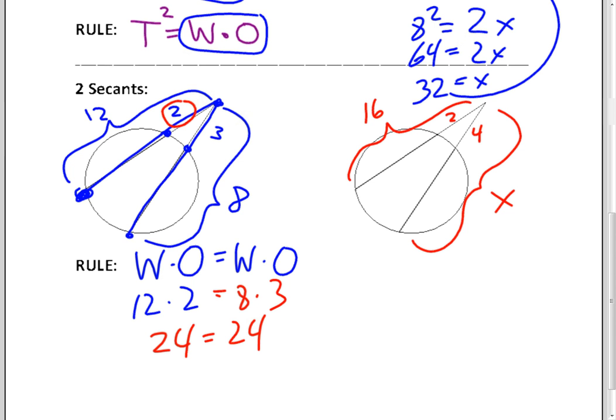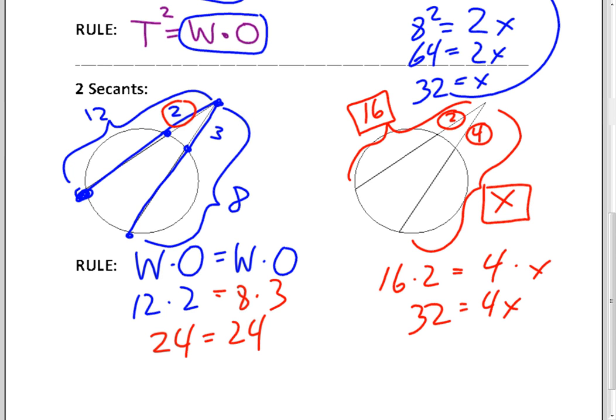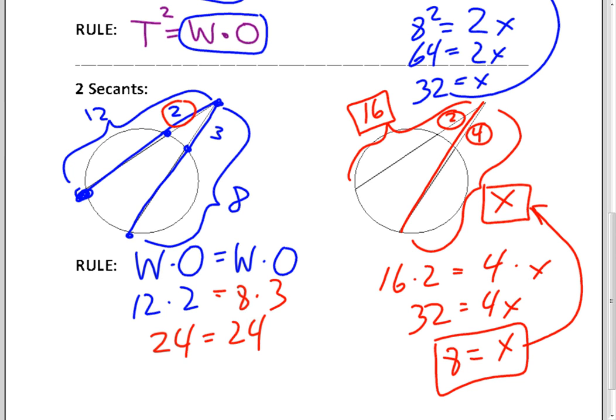Do you have all those components? I've got a whole, I've got an outer. Whole, outer, I've got enough pieces that I'm going to be able to solve for x. 16 times 2, 4 times x. X is 8. 8 is this distance from here to here.